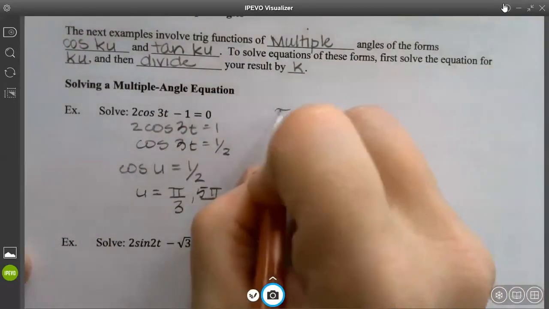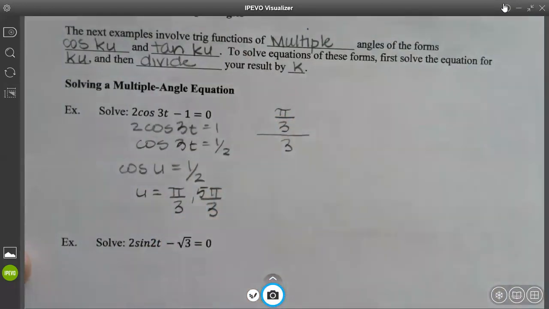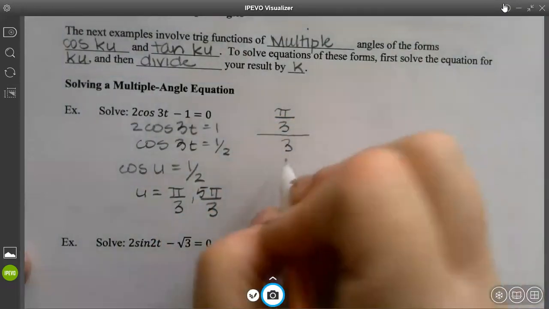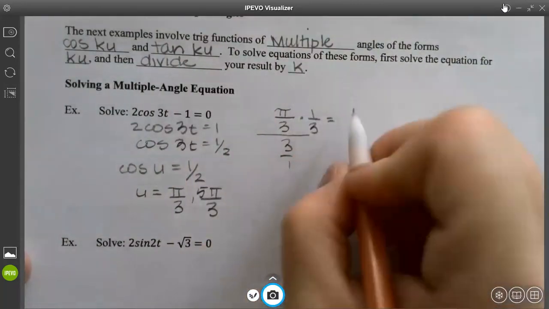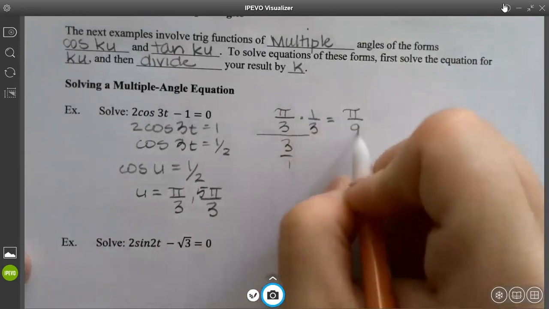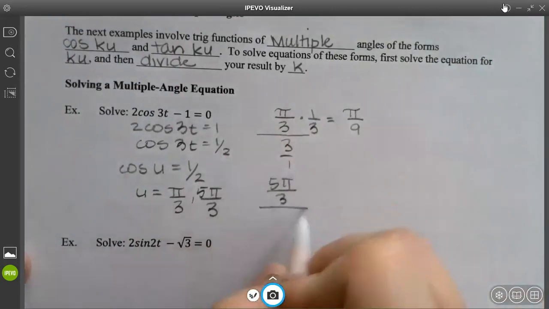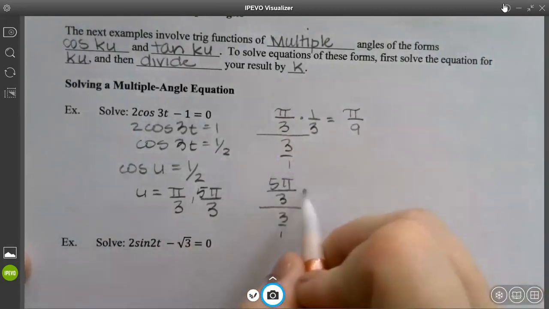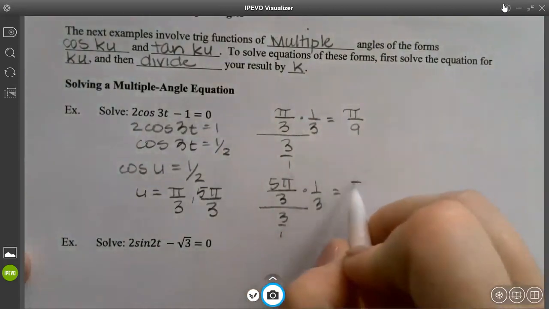So we're going to take pi over 3 and divide by 3, but we don't divide by 3, so we're going to multiply this by 1/3. So what does it change into? Pi over 9. Same thing with the other one, 5 pi over 3. We're going to divide it by 3, but instead we flip and multiply.